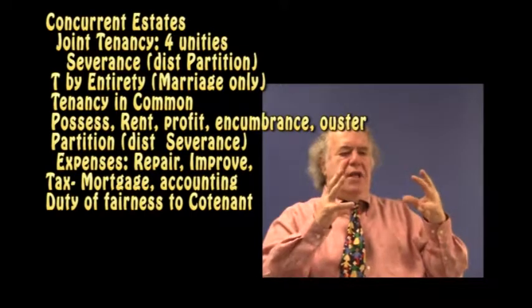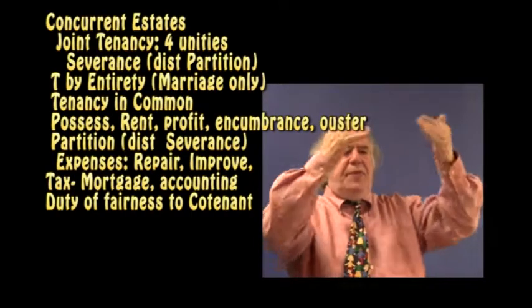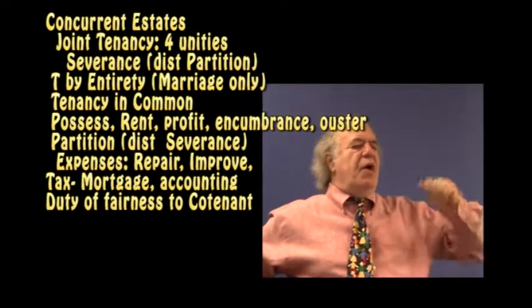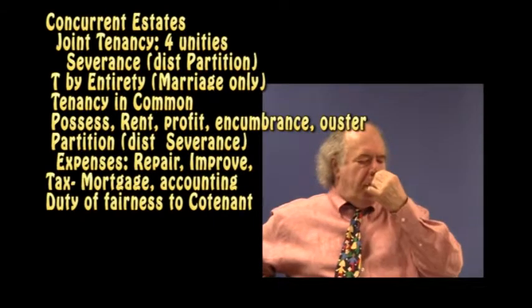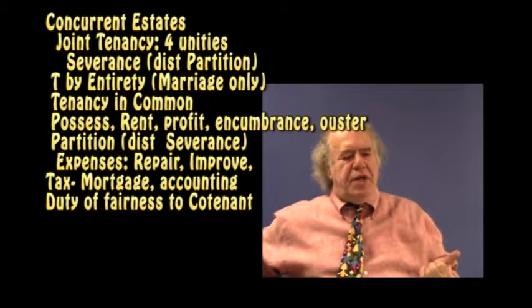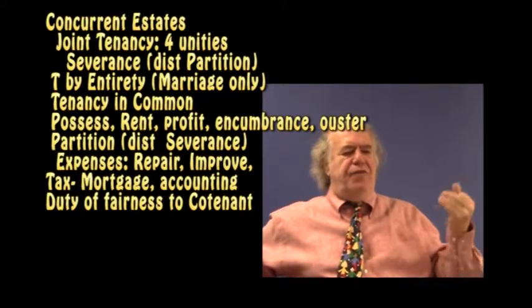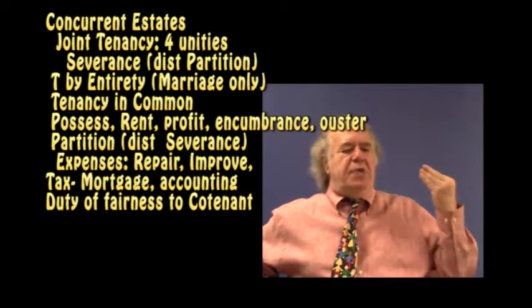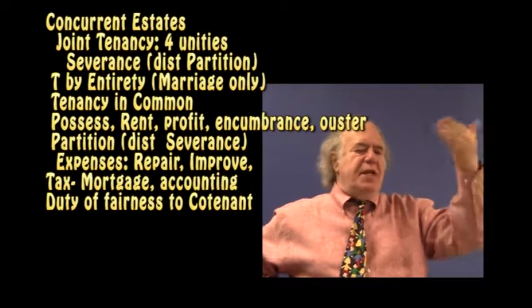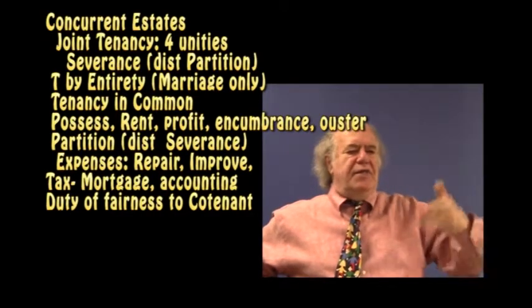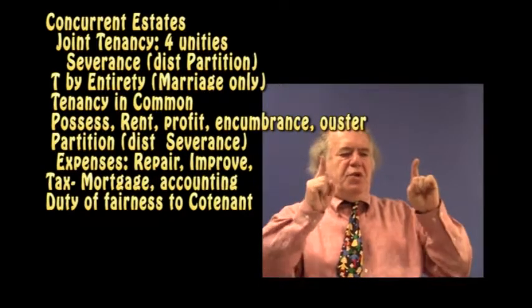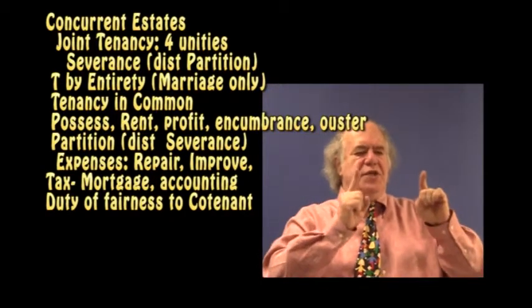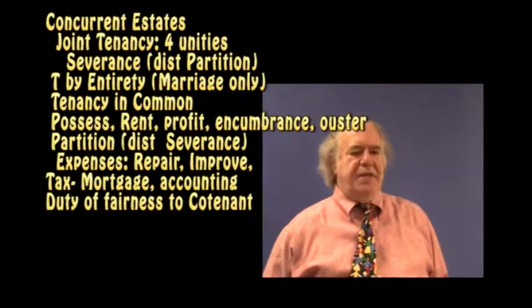We had co-tenancies and we've now physically split the land, or we sell the land and split the proceeds, that's a partition. Or we go to a court because we can't agree and bring an action for partition, in which we ask the court to divide the land physically between us or to sell the land and divide the proceeds between us. That's different from severance, which only destroys the right of survivorship in a joint tenancy.